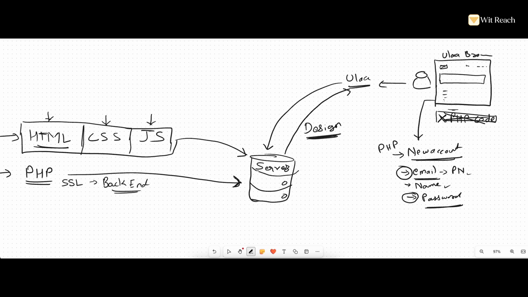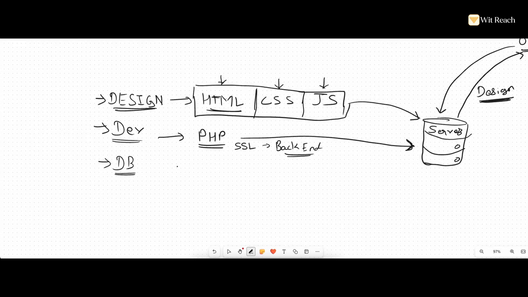Or else, if the user comes back after some days and tries to log in with the same email address and password which the user has already given us while creating the account, this has to be stored somewhere. So in that case, the database comes in.